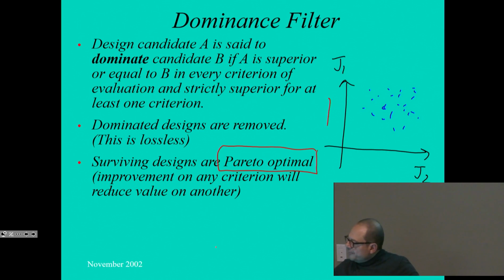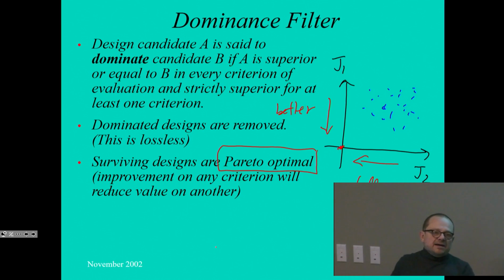Better is closer to 0. I am minimizing. So the ideal vehicle is one that takes 0 seconds to go from 0 to 60 miles per hour, consuming 0 grams of fuel. That's the perfect vehicle. Of course, it's impossible.